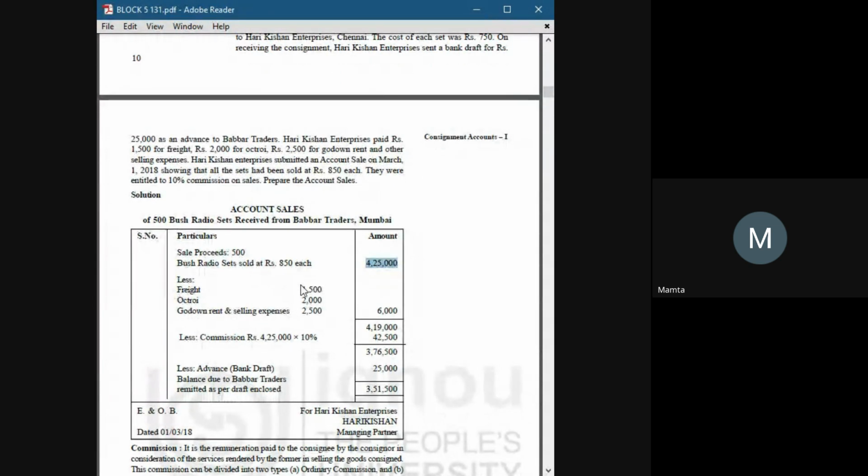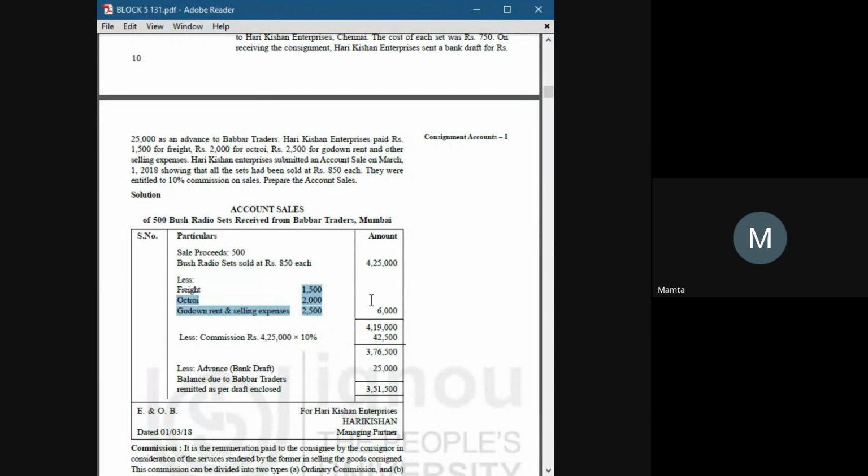And these are the amounts of freight, octroi, godown rent and selling expense. It is deducted from this because all the expenses need to be borne by the consigner only. Whatever expense an agent incurs for selling your goods must be borne by the consigner, the manufacturer.